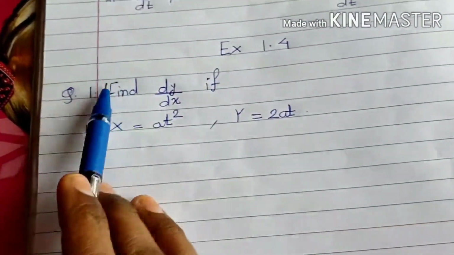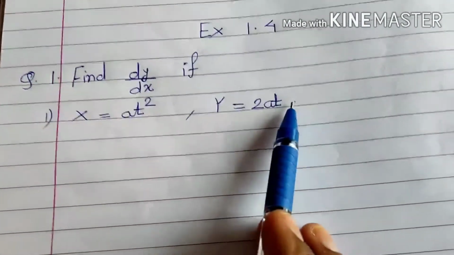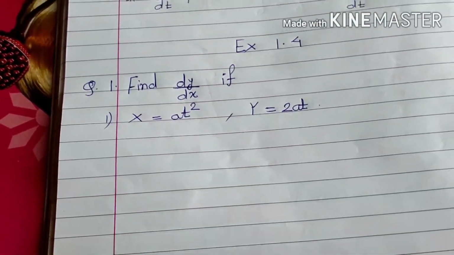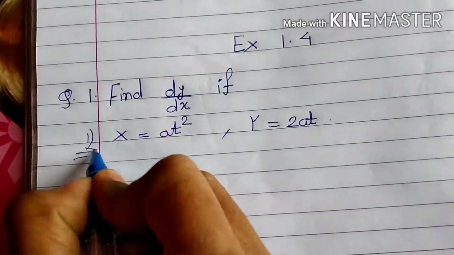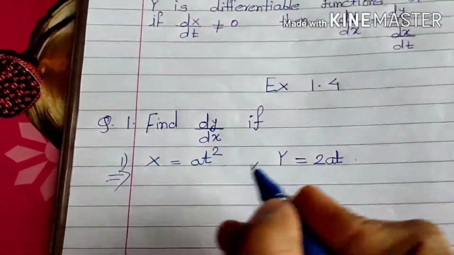So the first example is: find dy by dx if x equal to at square, y is equal to 2at. The procedure is very easy. Here given x equal to at square, write it as it is.